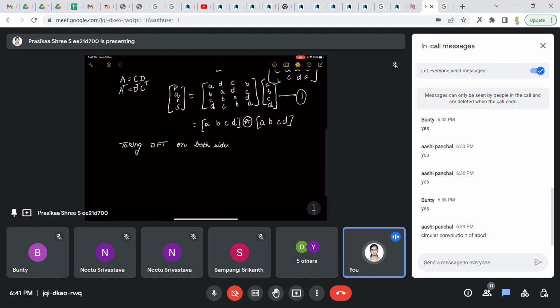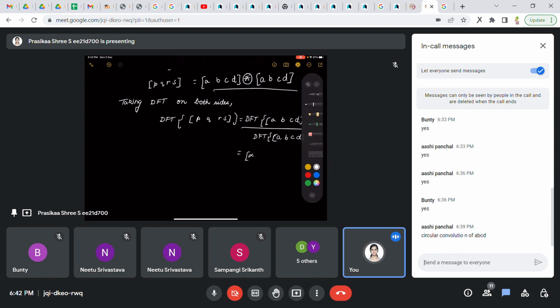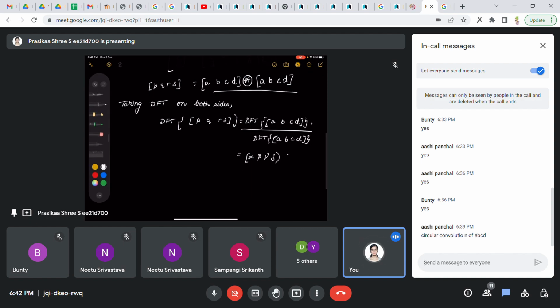The DFT of PQRS is equal to the DFT of ABCD into, since circular convolution in the time domain is reflected as DFT multiplication in the frequency domain, the DFT of ABCD again, which they have given in the question as alpha, beta, gamma, delta.